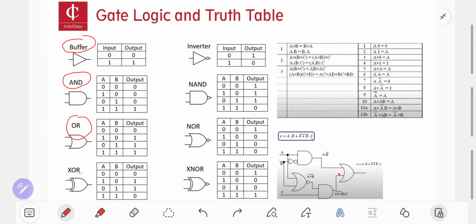For example, XOR is different from OR. XNOR is as well. NOR as well. And NAND is different from AND. And the last item, inverter, is different from buffer.